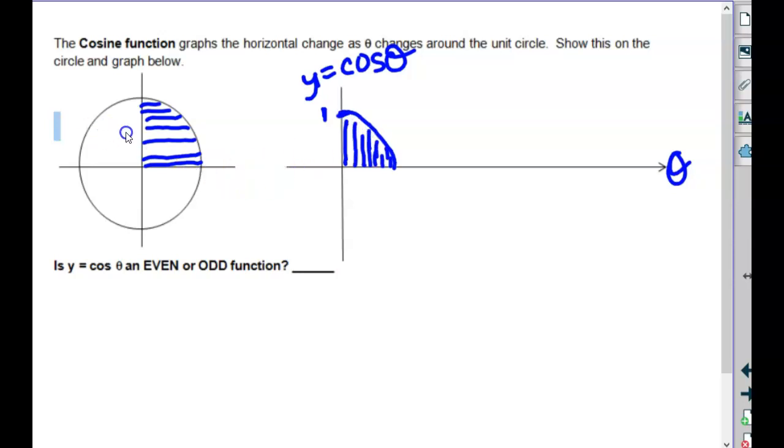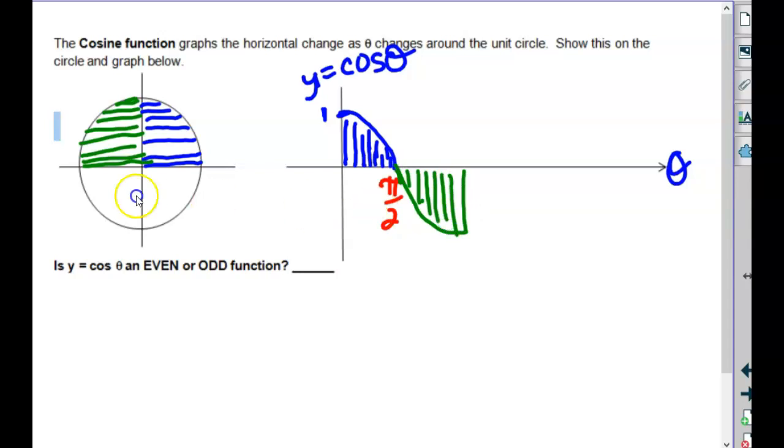And then what happens when we switch over past pi over 2? We switch into this quadrant, and x is now what? It's getting longer, but it is negative until it gets to -1. If I could draw. And where does it get to -1? Yes, this is pi.